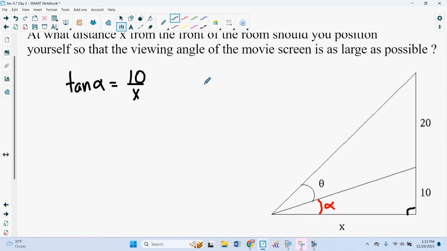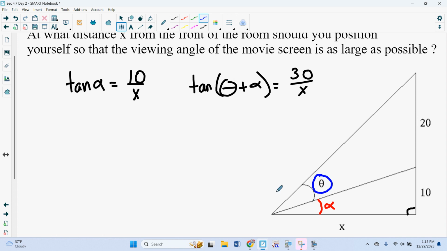The second triangle tells us that the tangent of theta plus alpha is 30 over x. Now remember, the angle we're trying to solve for is this theta, so we want to get rid of the alpha.